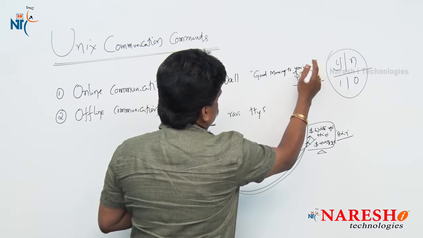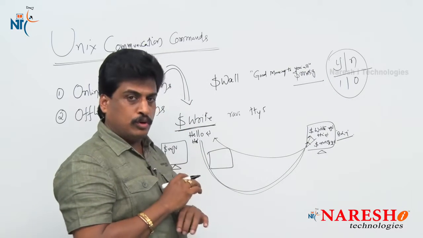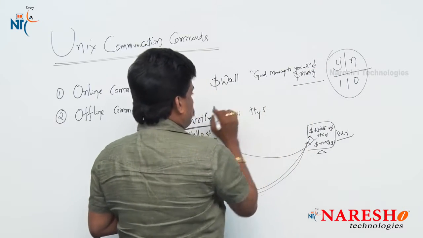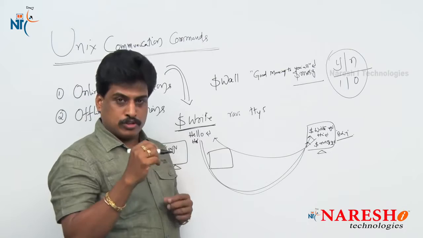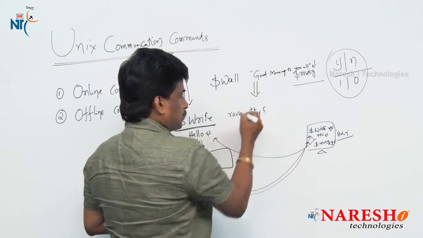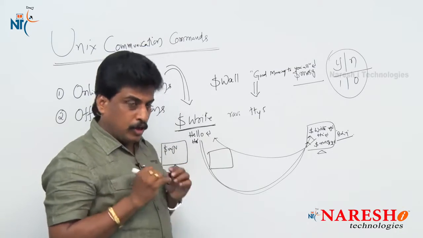Whenever you say that, double quotation or single quotation, no formality is required. Just press the return key. Immediately it gives a broadcast message from so and so user and delivers to all currently logged in users.